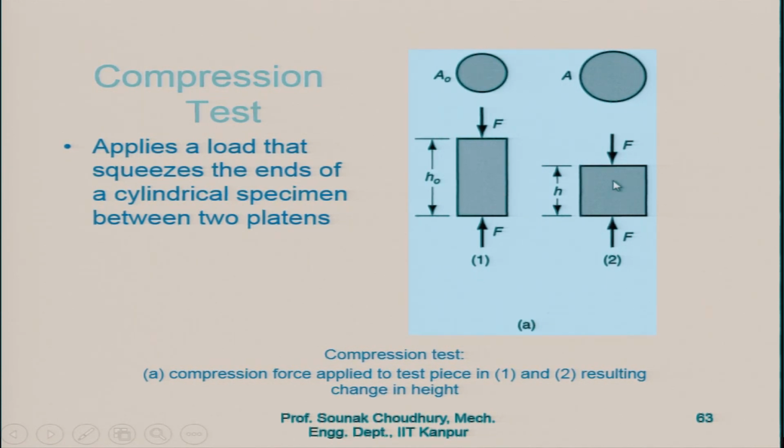However, the diameter or the cross sectional area can be increased. This is the cross sectional area initially before applying the load, and after the load is applied, the specimen reduces in length and increases in diameter. It is a normal thing, many of you might know that.